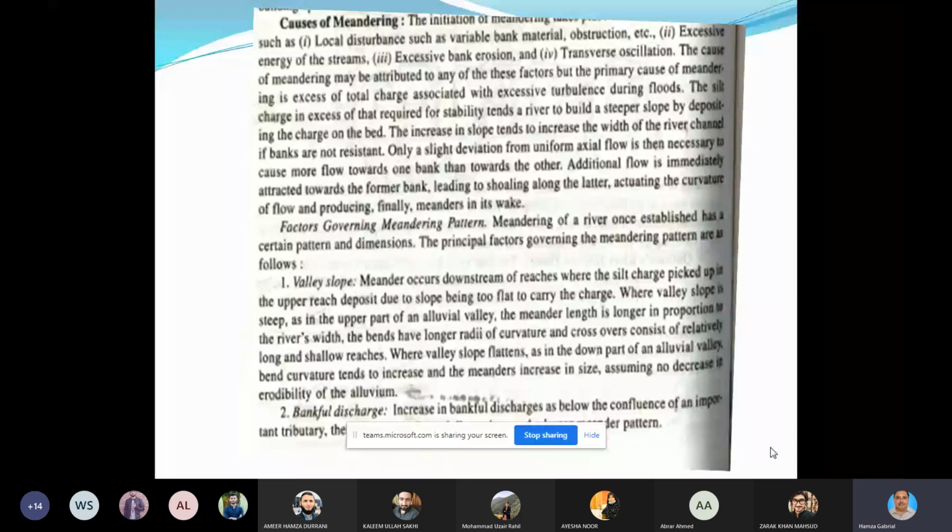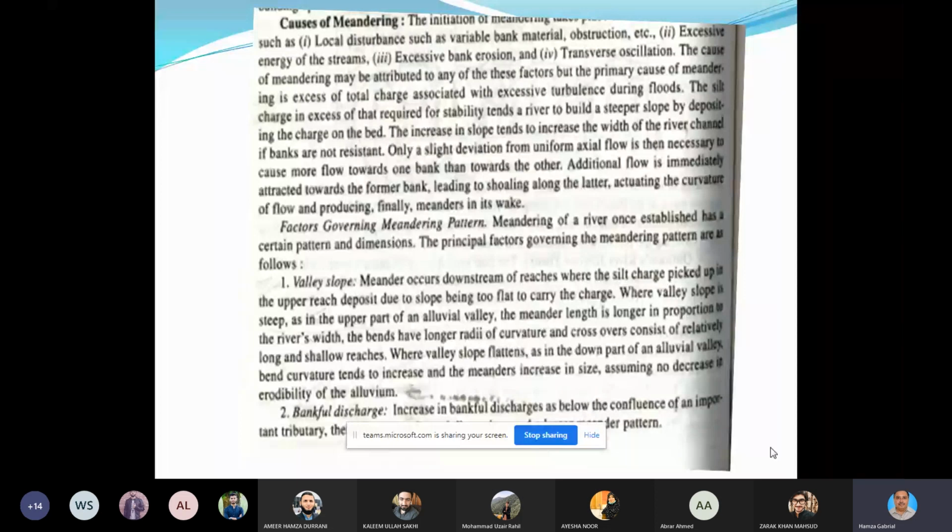In the flood period, there is a lot of sediment carried along the flood water. So this is the primary cause of making the river meander. So the silt charge is in excess of the capacity of the river water.